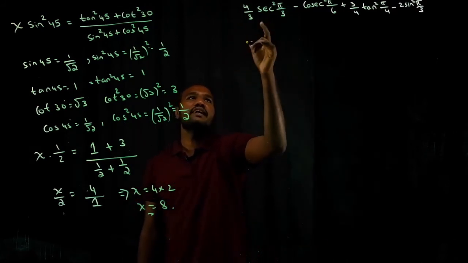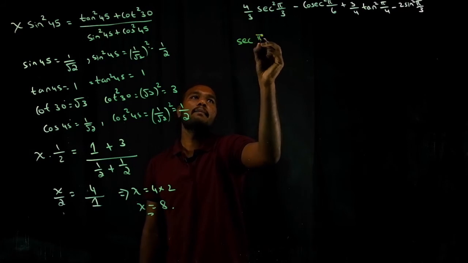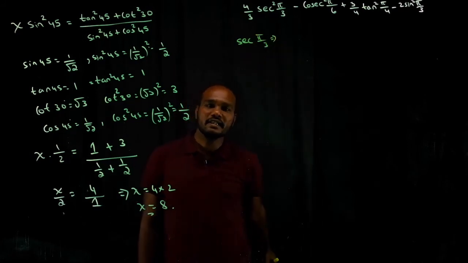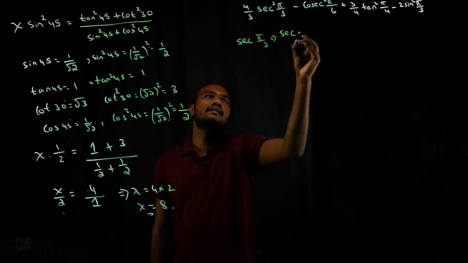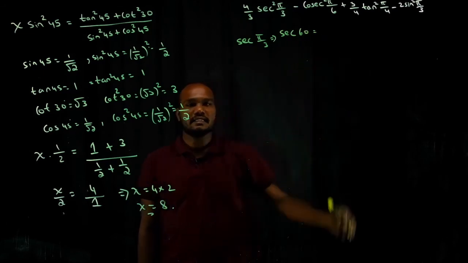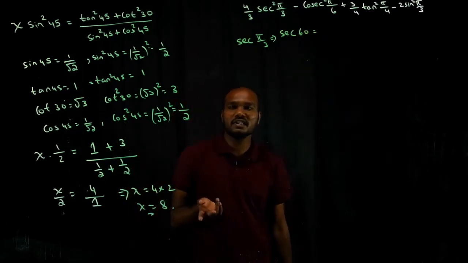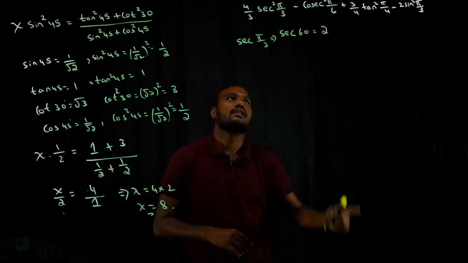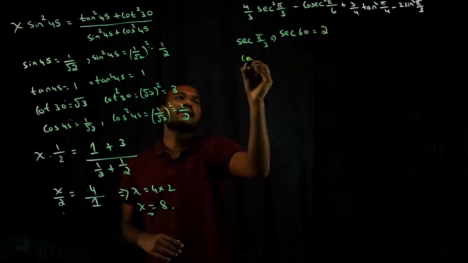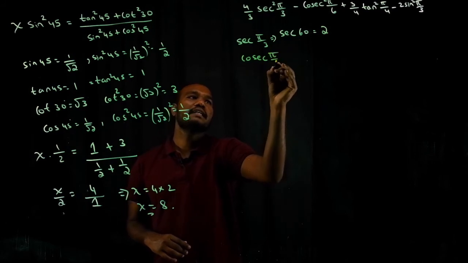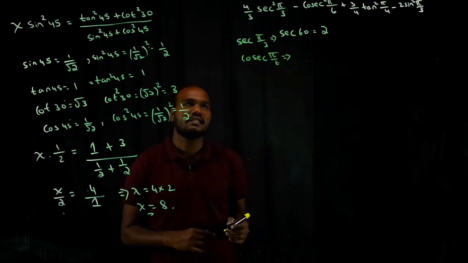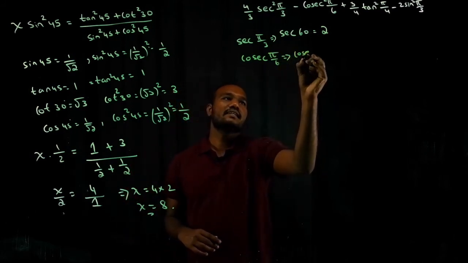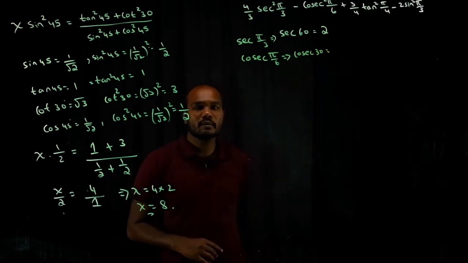Now we have to find sec π/3. Sec π/3 means sec 60 degree. Sec 60 means 1 over cos 60. How much is cos 60? 1 by 2. So if I reverse it, I'll get 2. In the next question we have cosec π/6. π/6 means 30 degree. So cosec 30.